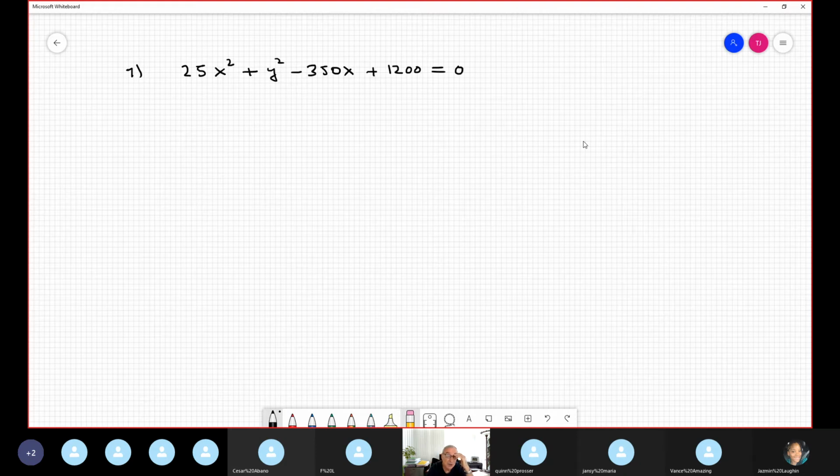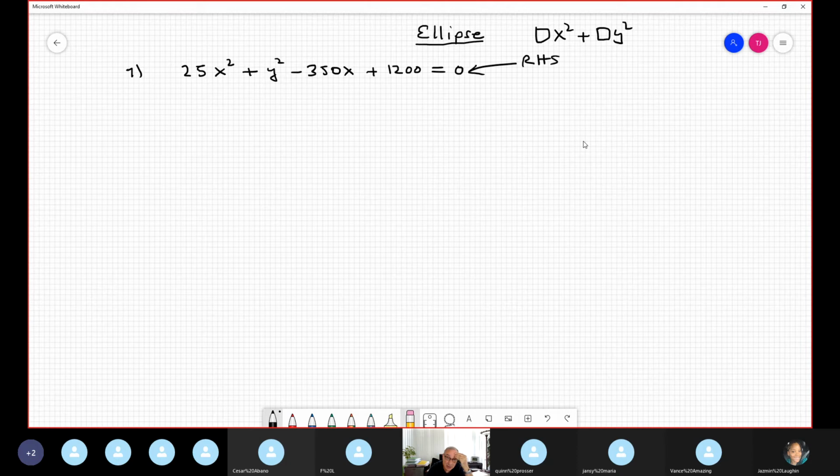Identification: it is an ellipse, because we have something x squared plus something y squared, and both squares with plus is an ellipse. This is the clue. And this is expressed in general form, right hand side 0.